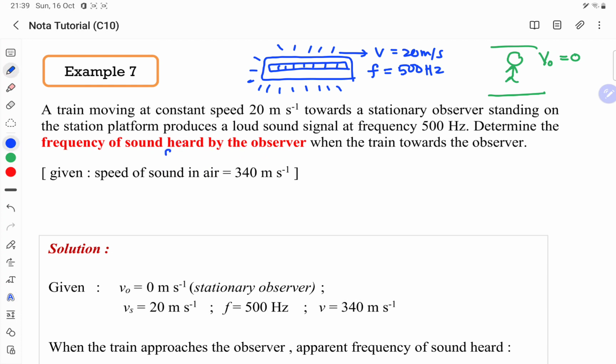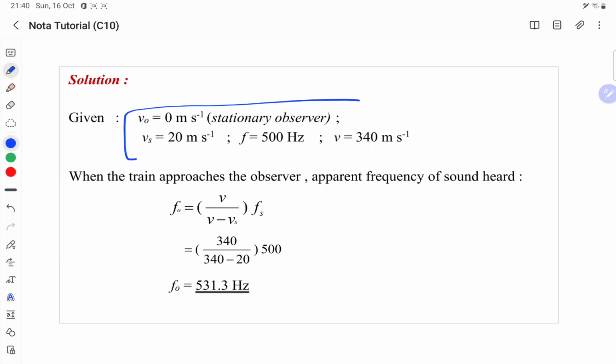So basically you need to find the apparent frequency, FA, of the observer when the train is moving towards the observer. So logically the sound will become louder, so we can expect FA to be large.